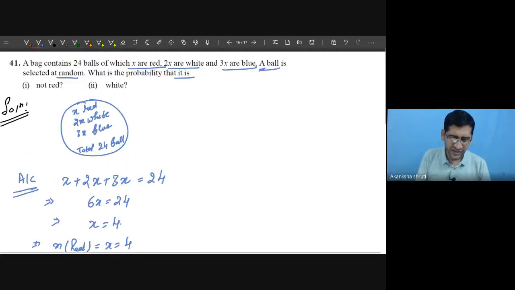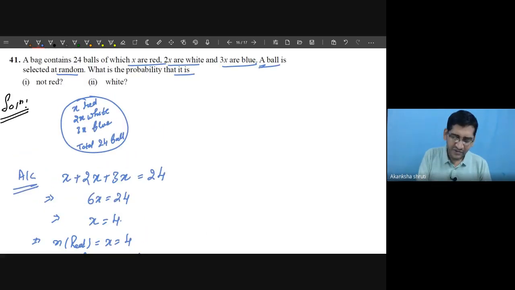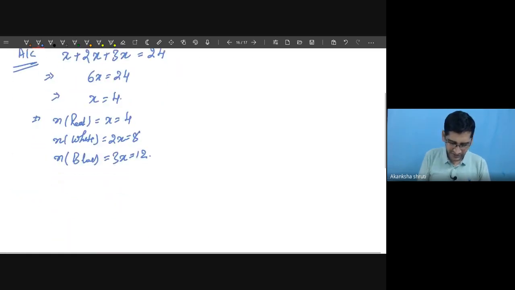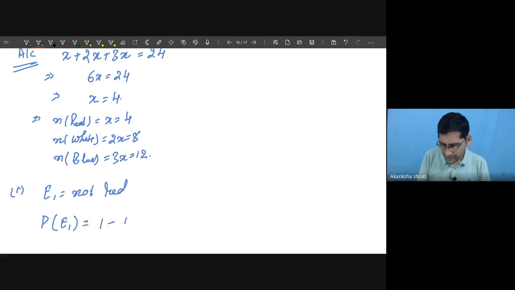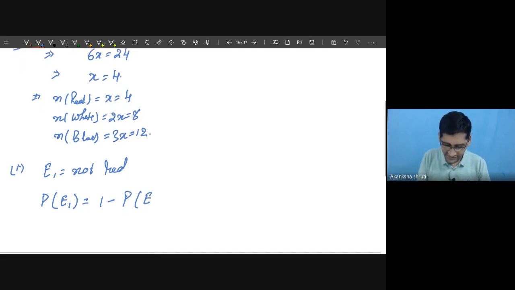That is also followed. Then probability that it is not red, event not red, how can we get? I can get this as probability of E1, which is 1 minus probability that it is red, means E1 complement, 1 minus probability that it is red.